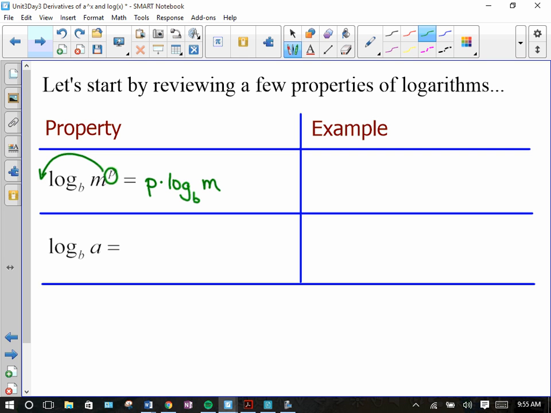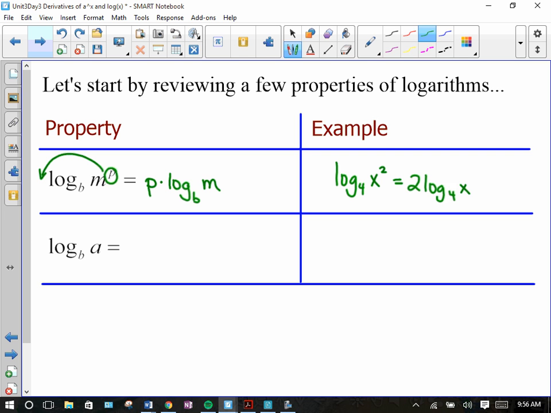For instance, if we had something like log base 4 of x squared, we can rewrite that as 2 times log base 4 of x, which would make our lives easier. Why would it make it easier? Because it's probably going to eliminate us having to use the chain rule.